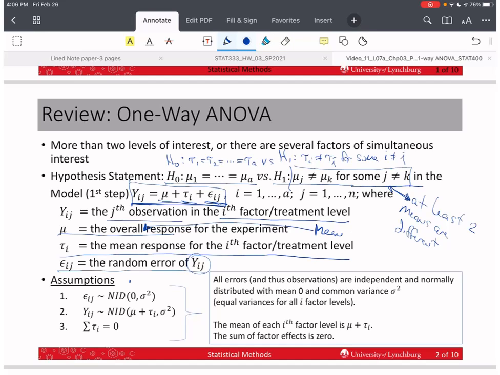Okay? And so if we take the variance of Yij, then we have the variance of a constant, which is 0, the variance of a constant, which is 0, and so the only thing we're left with is the variance of epsilon ij, and the variance of it is given right here as sigma squared.